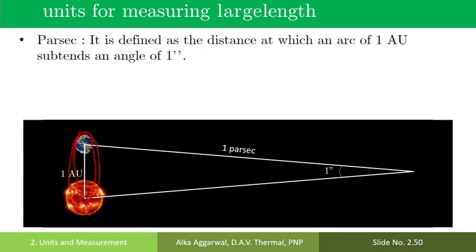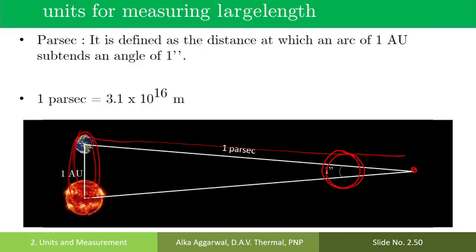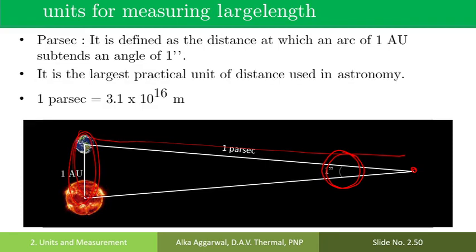And the point where it subtends the angle of 1 second, that distance is equal to 1 parsec. 1 parsec equals 3.1 into 10 to the power 16 meter. Parsec is the largest unit of distance and it is commonly used in astronomy.